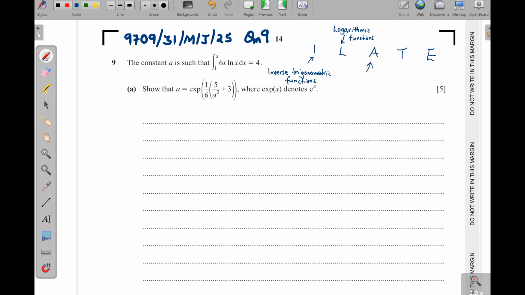Then A here is algebraic functions. Then T here is trigonometric. There's a difference between inverse trigonometric and trigonometric. And then we have E here. Which one do you think it is? Exponential functions.